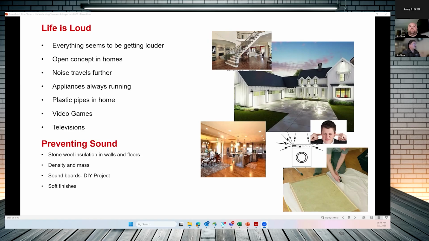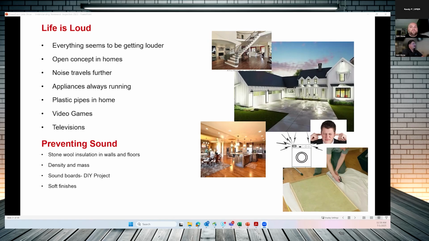If you've ever lived in a home with that type of floor plan, you know you can hear the kids from every part of the house, right? So everything seems to be getting louder. We have these open concepts, and without those divider walls, noise travels a lot further in these types of home builds.